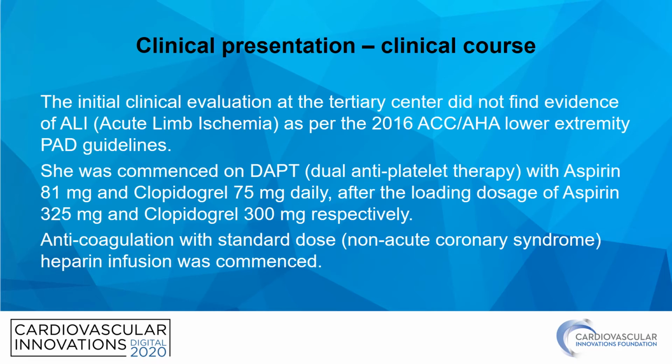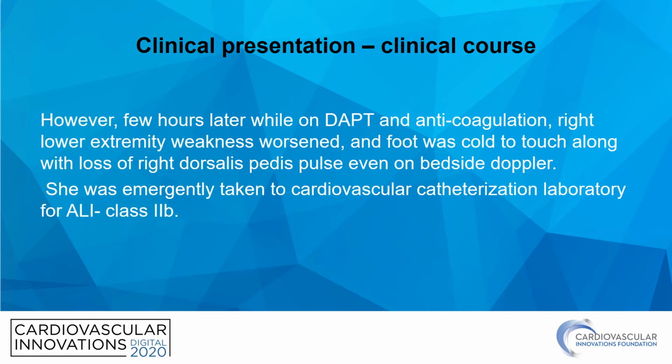The initial clinical evaluation did not find any evidence of acute limb ischemia as per 2016 ACC/AHA lower extremity PAD guidelines. However, considering ALI as one of the differentials, she was started on aspirin, clopidogrel, and anticoagulation with heparin infusion.